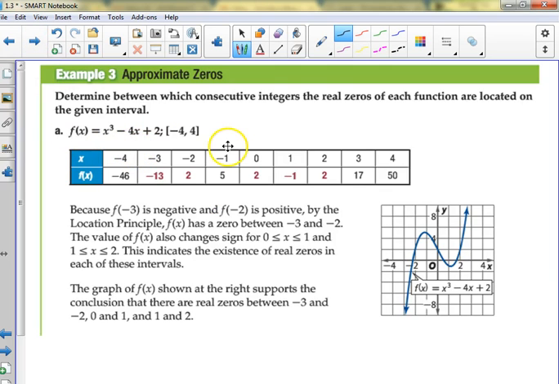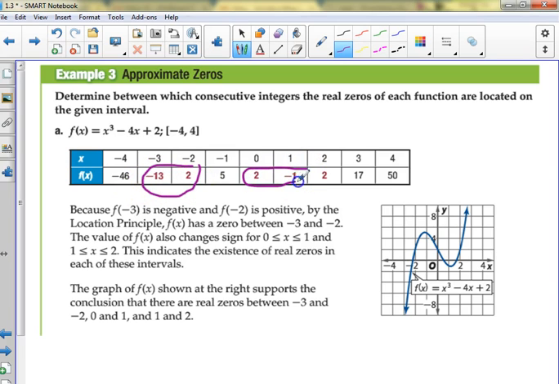So this is an example. They put in the integers from -4 to 4, and they got these values, okay? And they said, well, there must be a zero where? Well, I'm thinking there was a zero between -2 and -3, because it went from negative to positive.